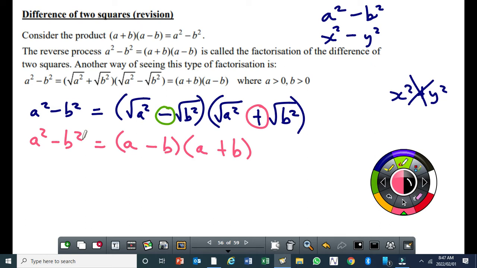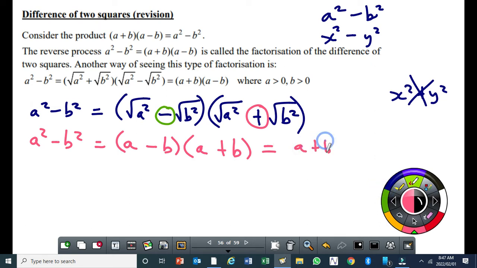Now I want you to be aware that we can also write this by starting with a plus b. It's not always that you start with a minus b, but it's your choice. So it's the same as a plus b times a minus b.